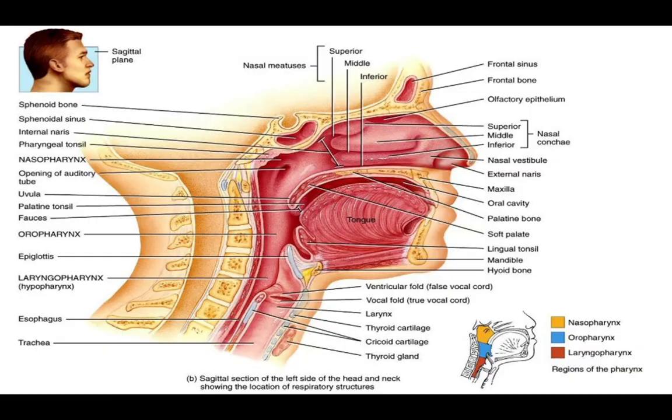So the anterior portion of your nasal septum is going to be hyaline cartilage, but the posterior portion is going to be composed of the vomer and the ethmoid, the maxilla, as well as the palatine bones. Awesome. We have two openings in the nasal cavity in the internal nose called the internal nares, or naris if it's singular.